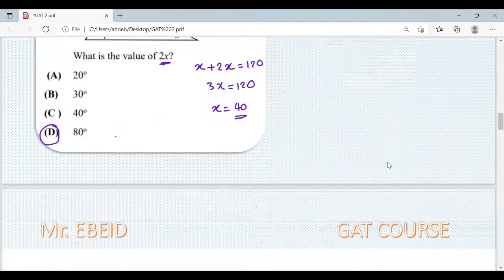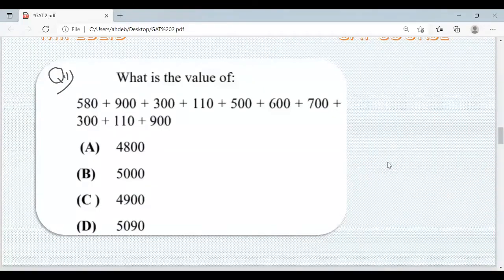Let's move to question 4. What is the value of 580 plus 900 plus 300 plus 110 plus 500 plus 600 plus 700 plus 300 plus 110 plus 900? Okay, how can we make this calculation smart? We will add 300 to 700.